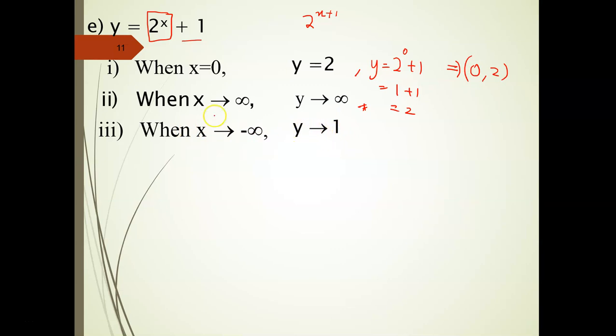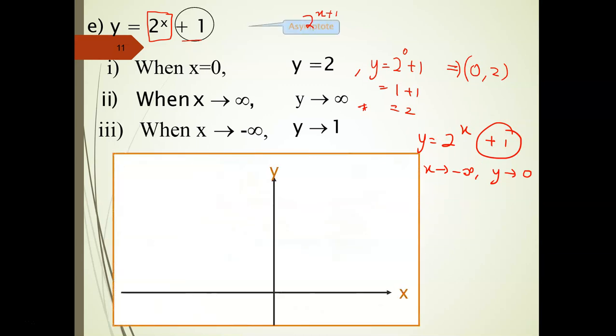Why is it 1? If we have only y equals 2 power x, when x approaches negative infinity, then y will approach 0. Since we have plus 1, it means your whole graph will move up 1 unit.